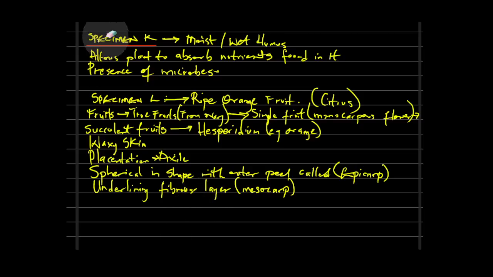And then we have the juicy part of the fruit, called the endocarp. So the outer layer, the peel, is called the epicarp. We have the mesocarp, which is the fibrous lining, and then we have the endocarp, which is the juicy part of the plant.